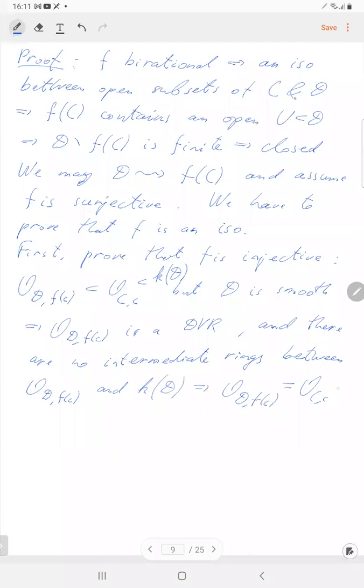Okay, but then we can apply our old lemma, the first curves lemma. f is injective because the local rings coincide and the maximal ideals also coincide, and there we are. And essentially we are done.